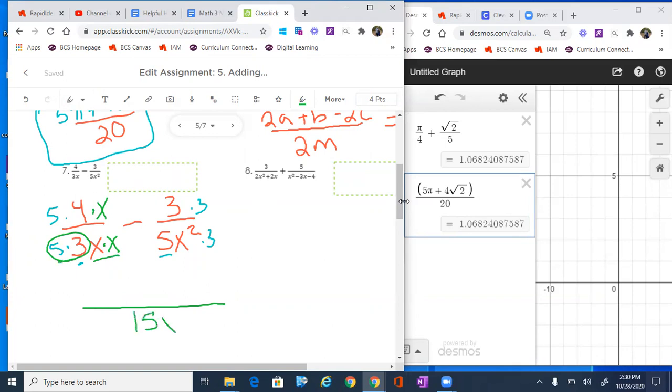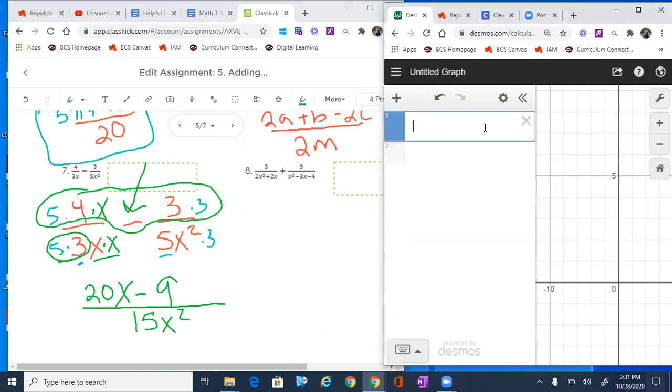So 15x squared. And then what I do is I just circle the whole entire numerator, including that subtraction there, and I just put it into the numerator. So 5 times 4 is 20x minus 3 times 3, which is 9. Now I do want to check my work because I'd hate to make any mistake on this.